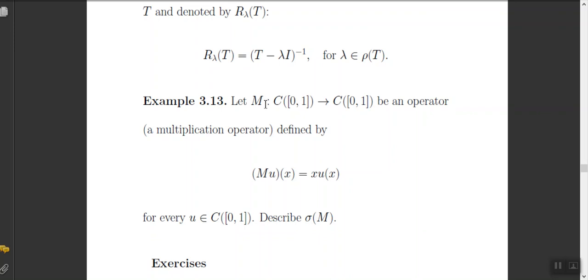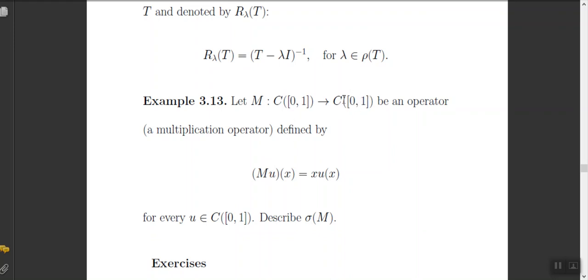So we have a bounded linear operator M from this Banach space, let's say X, into X, and this operator is a multiplication operator. It's given by multiplication. What does it mean? If you take an element here, it means a continuous function u.